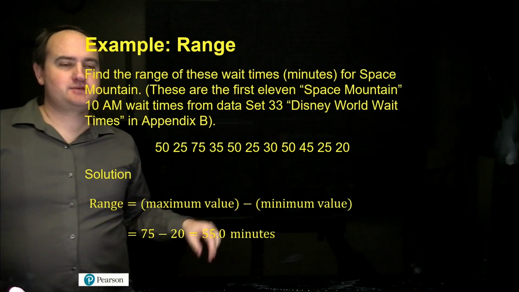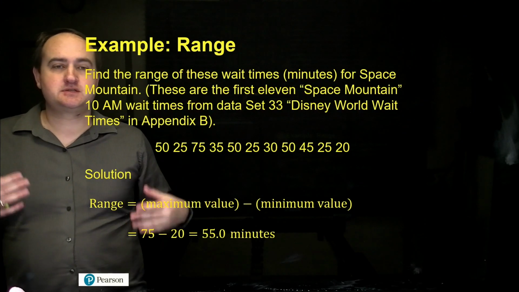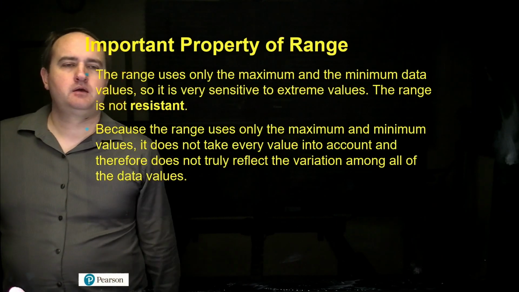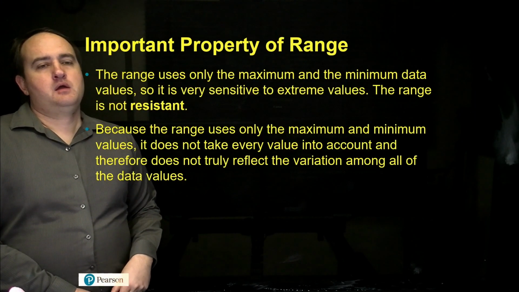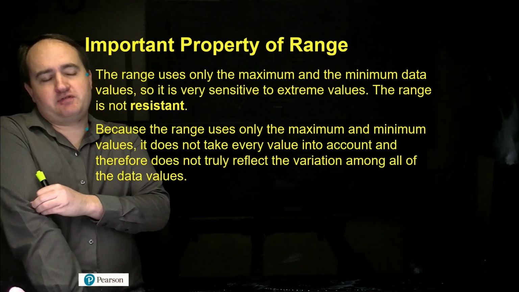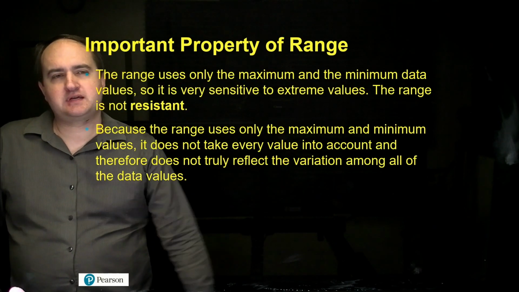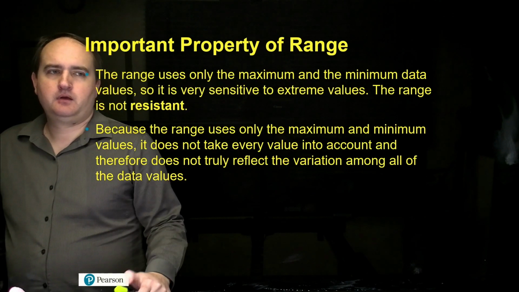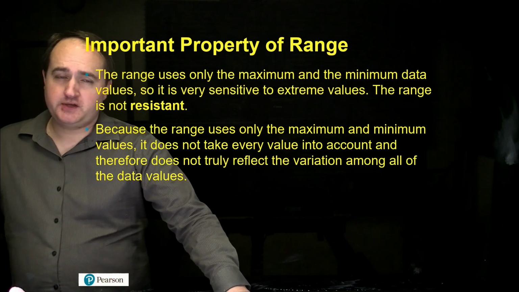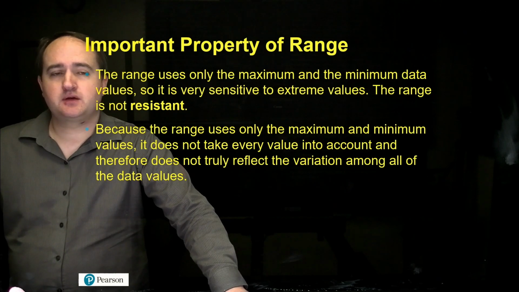And so that's going to make the range a lot smaller. So it's not resistant to outliers. Okay, so yeah, it does not take every value into account and therefore does not truly reflect the variation among all the data values. But hey, it's super easy to calculate, and people still use it. It still has its uses.